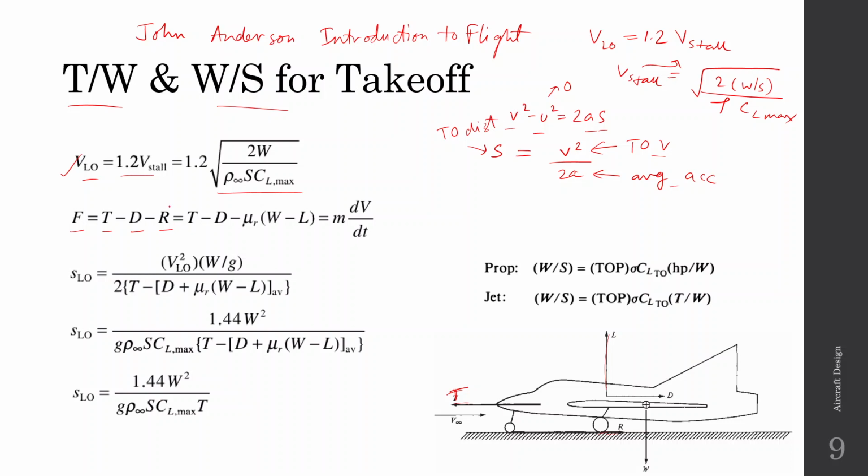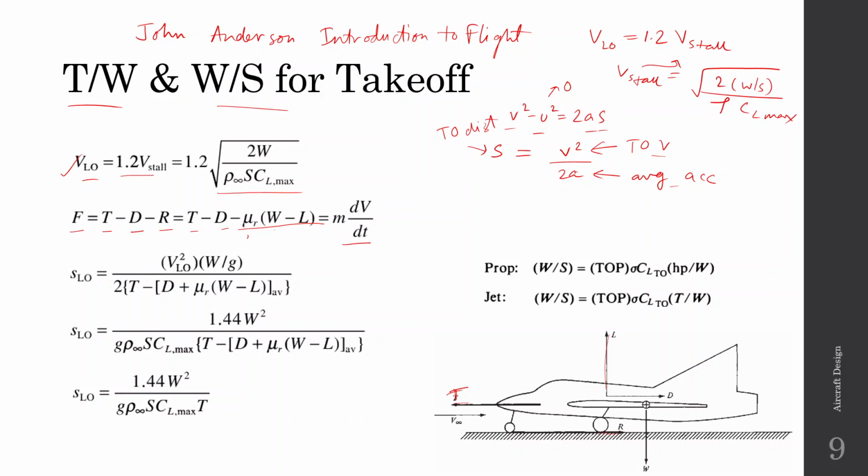The friction force you can further expand as the friction coefficient into the weight minus lift. So thrust minus drag minus mu r into (W minus L), and this is equal to the mass of the aircraft into the acceleration.